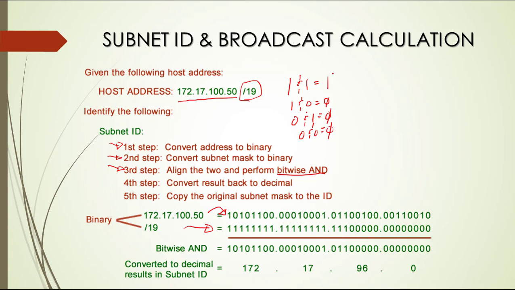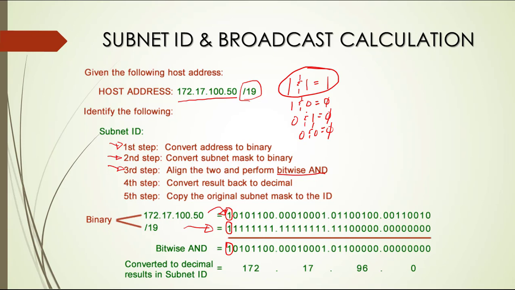So the only time we get a 1 with a bitwise AND is if we're comparing a 1 against a 1. Everything else will equal a 0. So we're just simply comparing the bit in the host address in that position against the same position in the subnet mask with a bitwise AND to determine what is going to be the corresponding bit within the subnet ID itself.